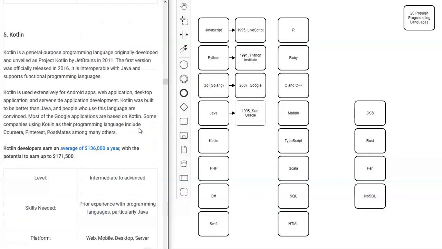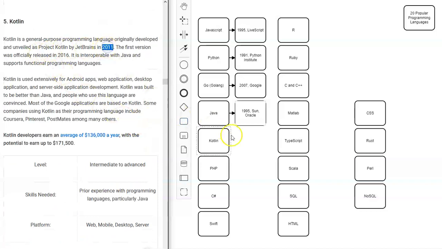All right, Kotlin. 2011 by JetBrains. Alright, JetBrains. So it's relatively new. Oh, it says the first version was 2016. Official.